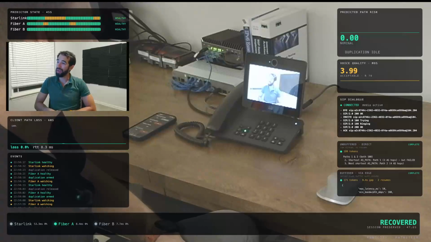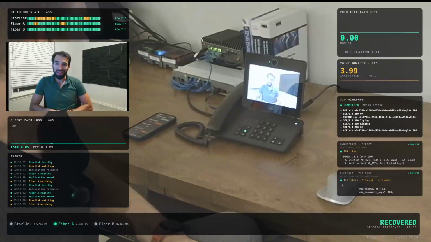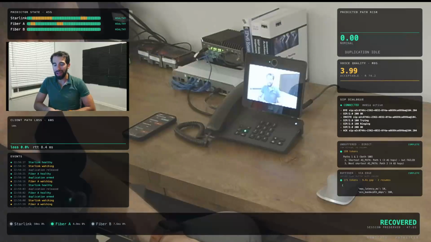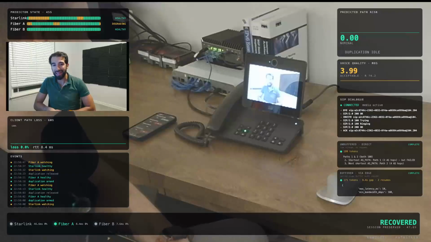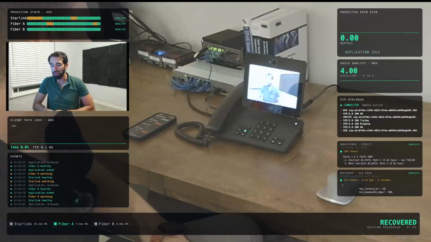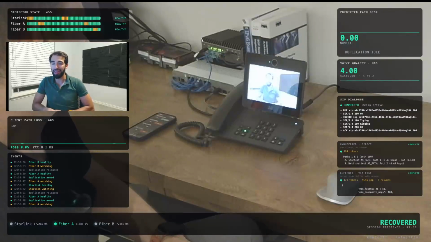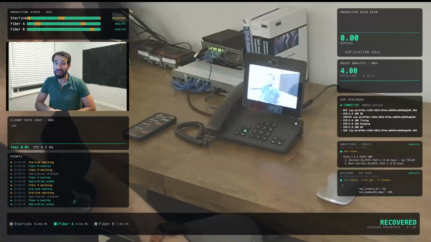Yes, I see the value in this, not only for voice but for anything that is real time, that cannot take a lot of packet loss or is not designed to overcome IP changes. This can really make a difference.